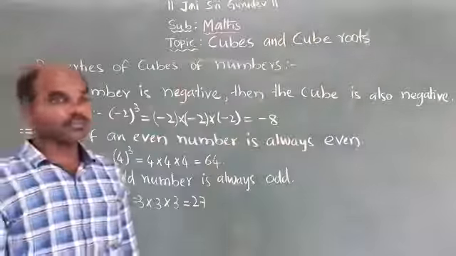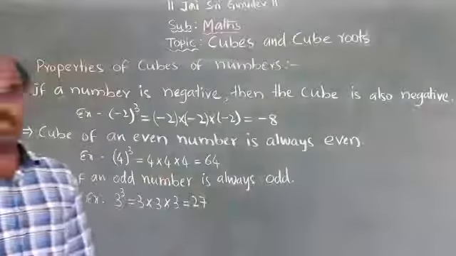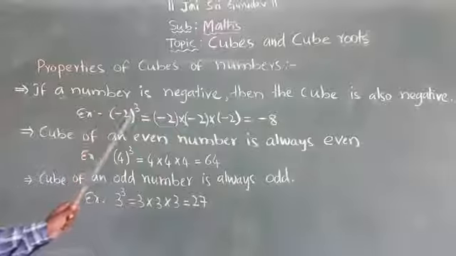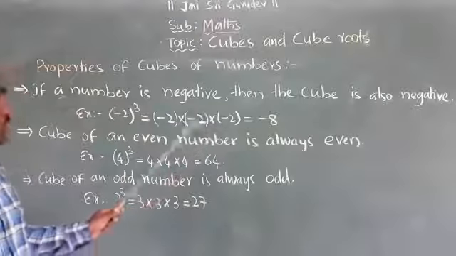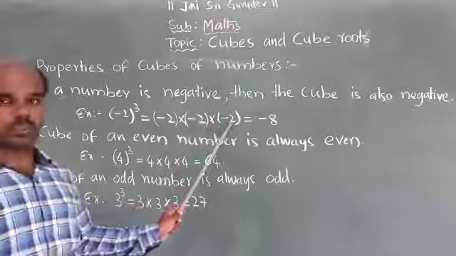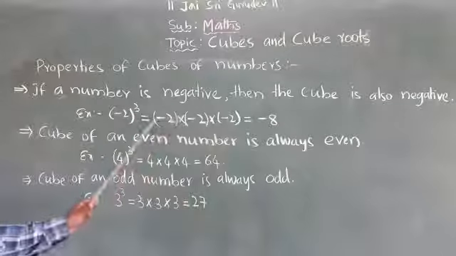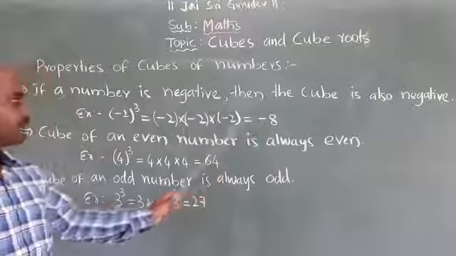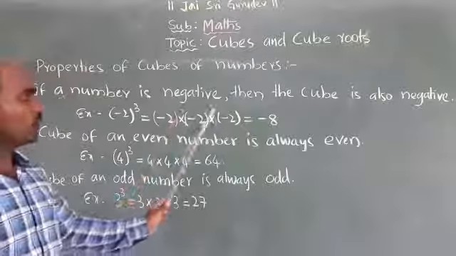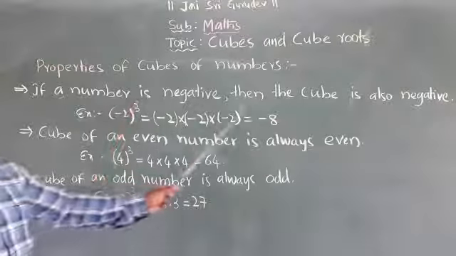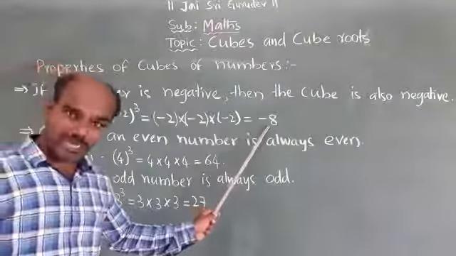For example, we take the negative number -2 and multiply it 3 times. Then -2 whole cube is -2 into -2 into -2. Minus into minus is plus, plus into minus is minus. Then 2 times 2 is 4, 4 times 2 is 8. So -2 whole cube is -8.